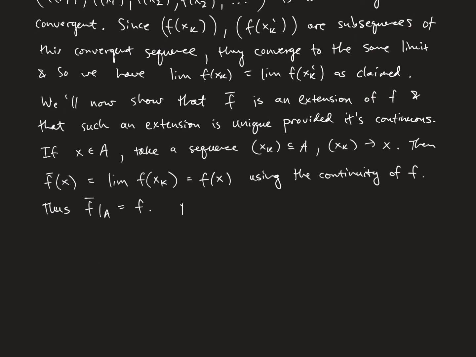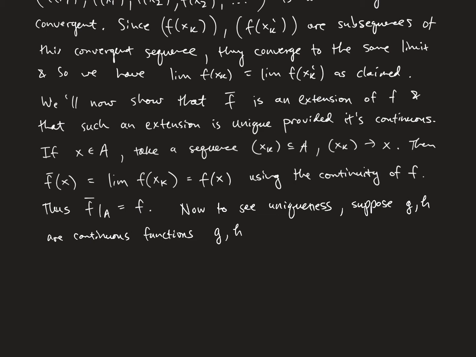So now, to see the uniqueness, suppose that G and H are continuous functions. So let's say G and H, they're continuous on A bar, such that G restricted to A is the same as H restricted to A, which is the function we started with, f.